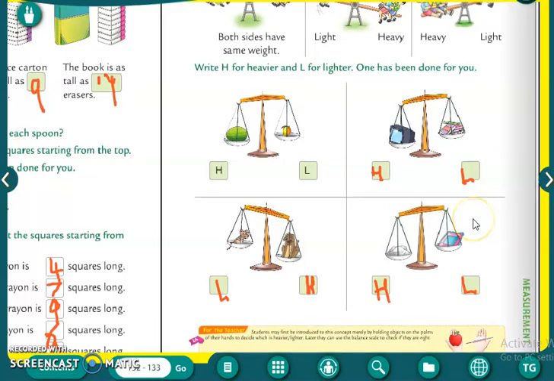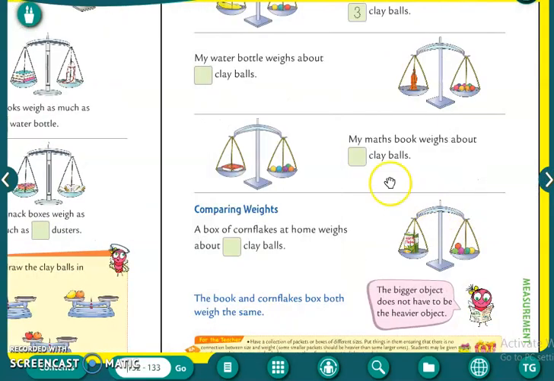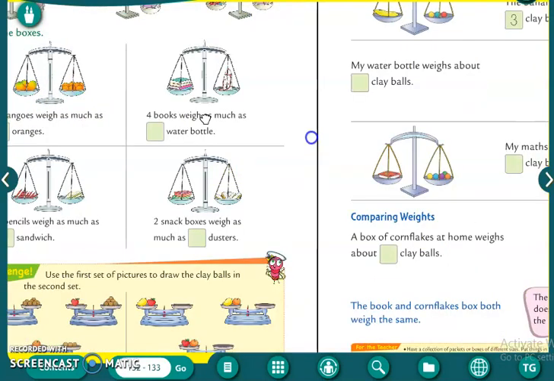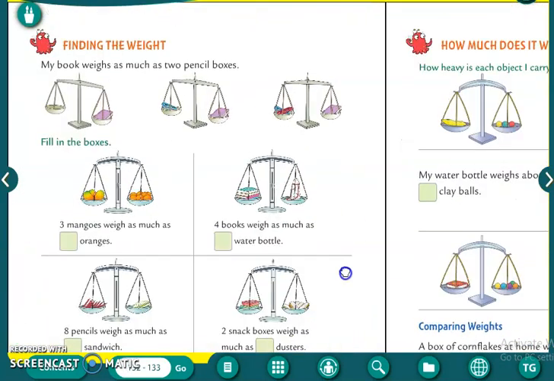Then let us see the next page. Here the comparison is given, like here a book is there. My book weighs as much as 2 pencil boxes.